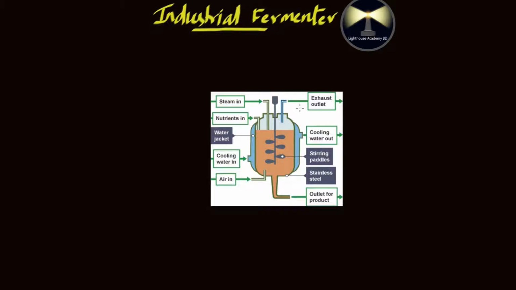First of all, you have to know what a fermenter is. A fermenter is a tank. It's a tank to provide these things: temperature, oxygen, carbon dioxide, pH, and nutrients. These are provided so that the microorganisms can yield their products efficiently.